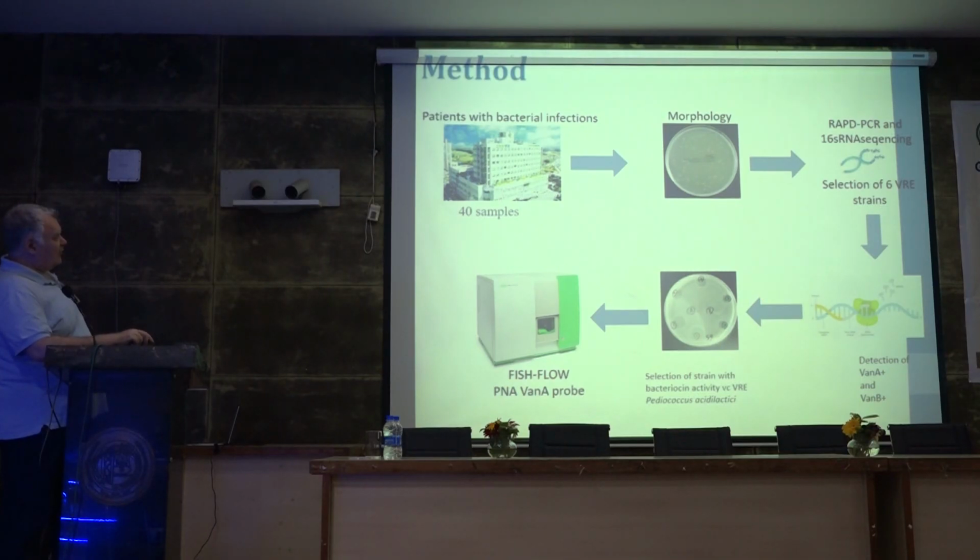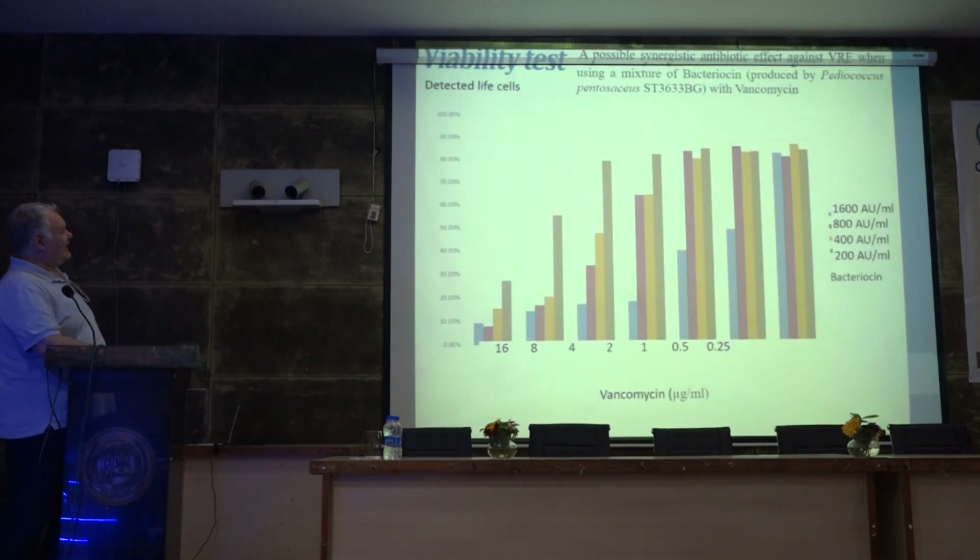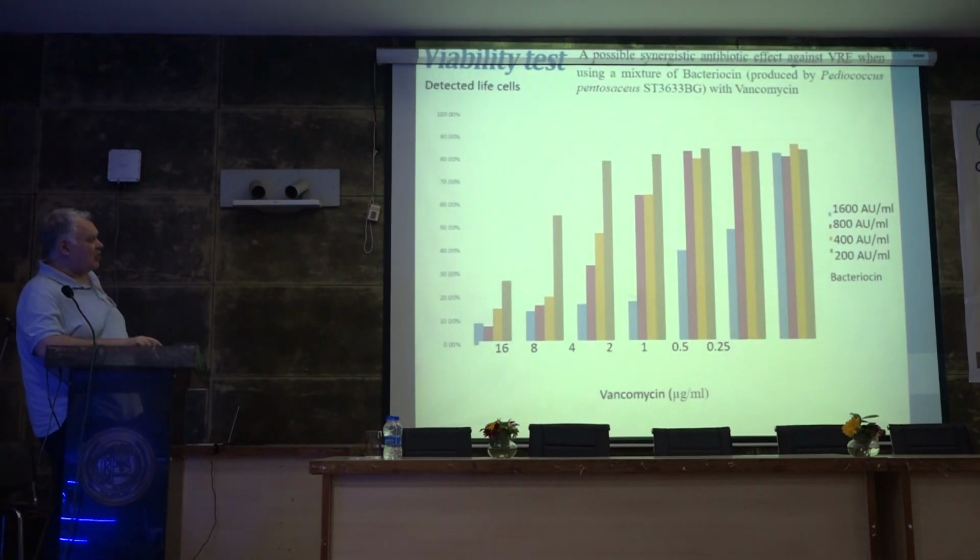And when we did the FISH flow cytometry, in fact, we were able to detect much more quickly, because if you do the isolation, the test, the antibiotic resistance, you try to kill, it takes a long time.